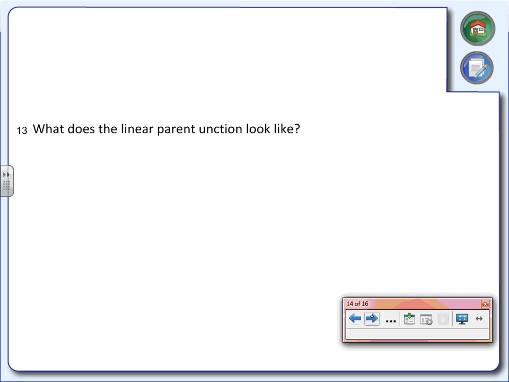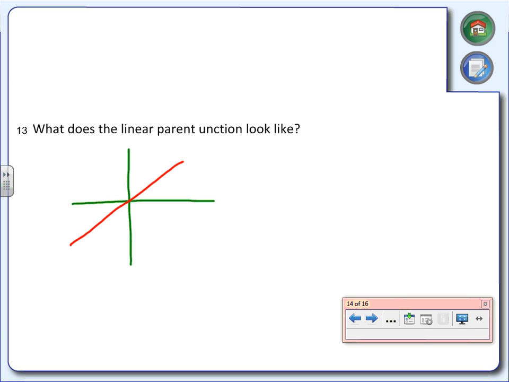Next one here, what does the linear parent function look like? Here's the graph. The linear parent function obviously is a line, but it goes right through the origin. So this would be the linear parent function. But again, you'll have multiple choice to go off.